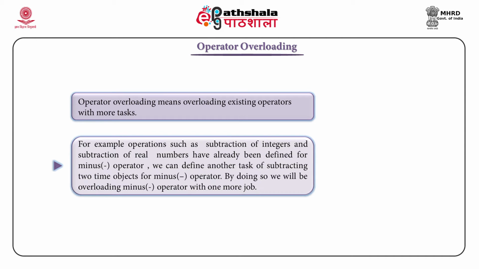The first two limitations, that is allowing an operator to be used for our own data type and reading or writing the object of our own data type using cin and cout, can be overcome by appropriately overloading operators. The third limitation can be overcome by defining appropriate constructors and conversion functions, which we will discuss in a later module.